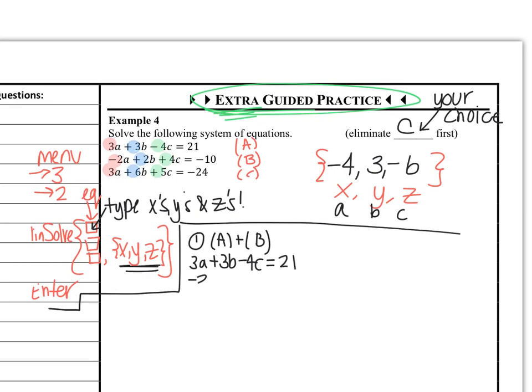And then negative 2A plus 2B plus 4C equals negative 10. And of course we're going to add straight down. So this is 1A plus 5B, C's cancel, equals positive 11, and this becomes equation D.